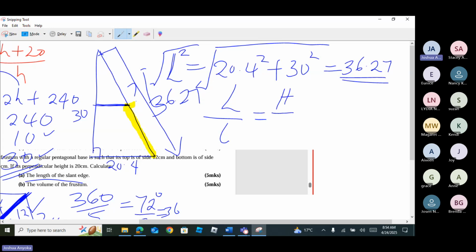Our capital L is 36.27 over small l, which we don't know, equals capital H, which is 30, over small h. Was small h 10 or what? It was 20.